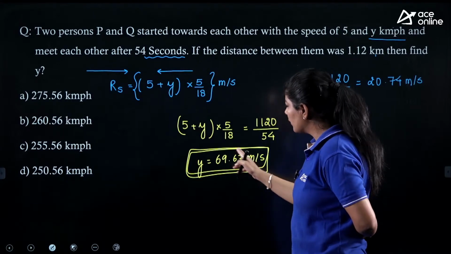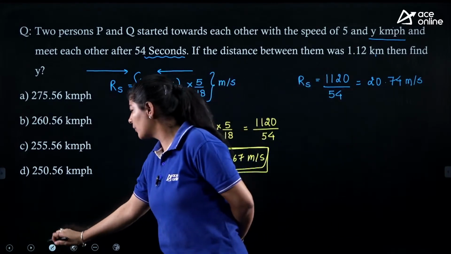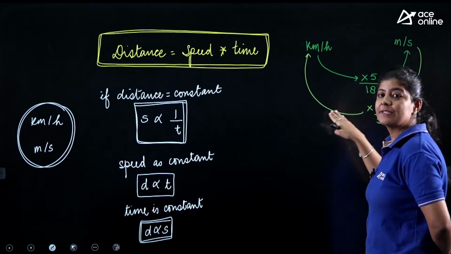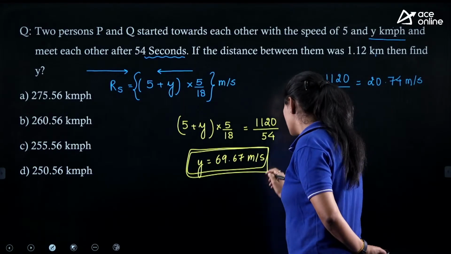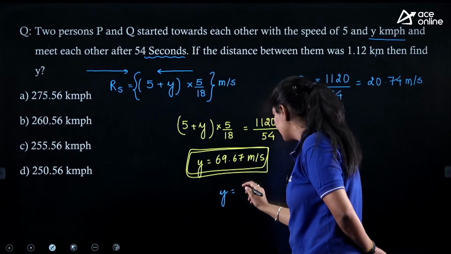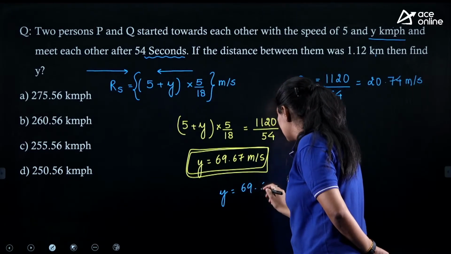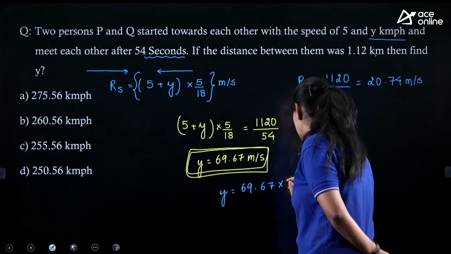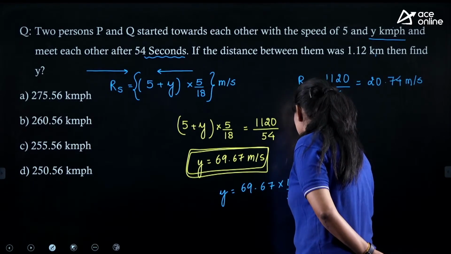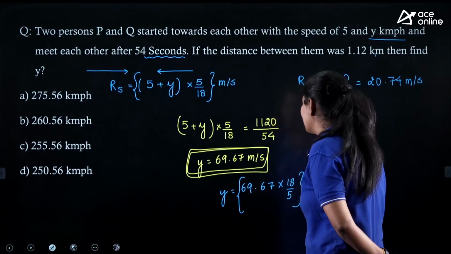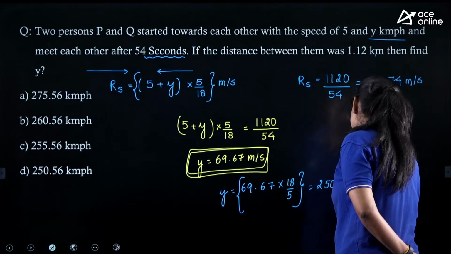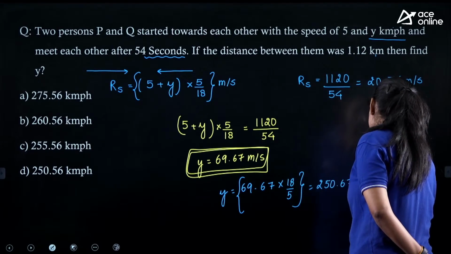So now if I want to convert this value into kilometers per hour, again what I have to do is multiply this by 18 by 5. And when you solve it, the ultimate answer that you get is 250.67 kilometers per hour.